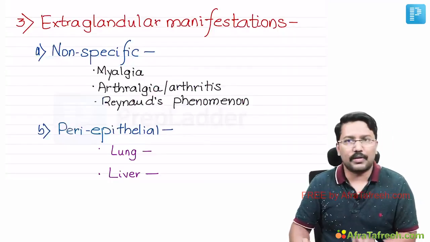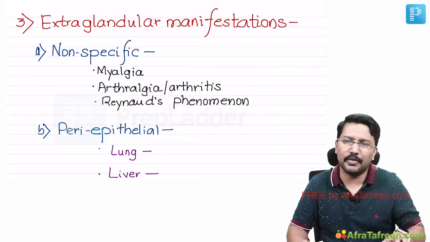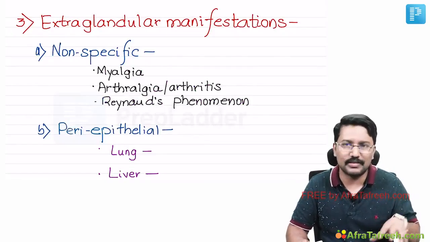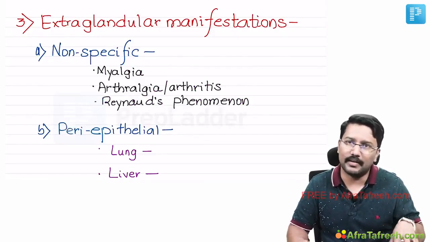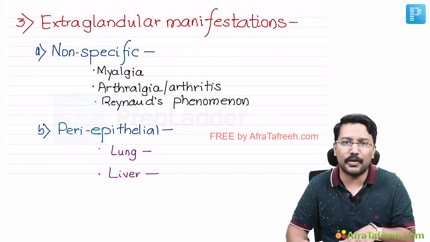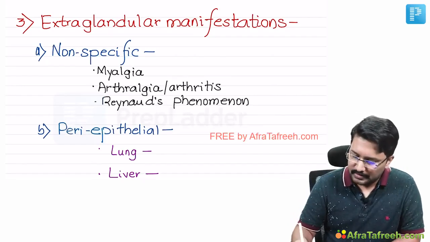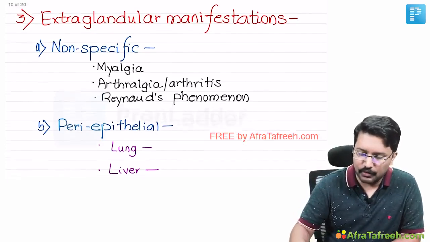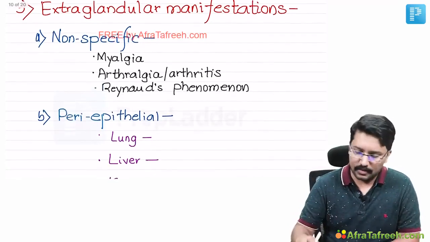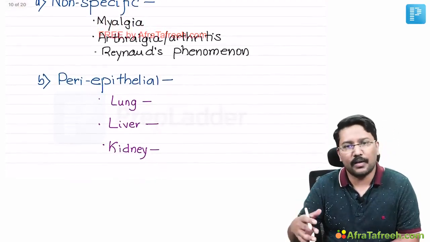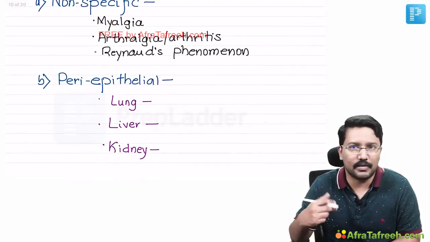Okay. Now, coming to extraglandular manifestation. So remember, the disorder is not restricted to the salivary gland and lacrimal gland. There is also involvement of extraglandular organs or tissues, right? These extraglandular manifestations can be divided into non-specific, periepithelial, lymphoma related, and immune complex deposition related.